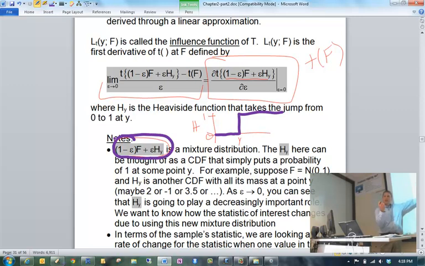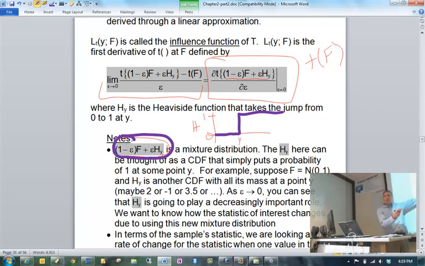What this does is change your distribution a little bit. One way to think about this, in Lehmann's 1999 book, is that you're contaminating the distribution by this other point, this point y.